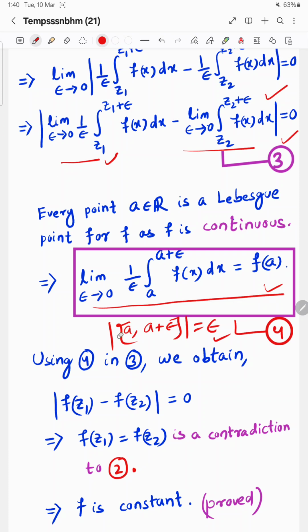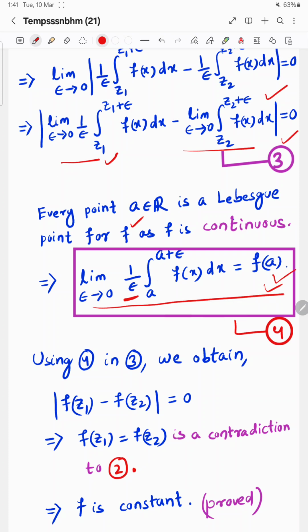So we are integrating over this set and dividing by its measure, and if a is a Lebesgue point, then it should satisfy this limit. And we know that if f is a continuous function, then every point a in R is a Lebesgue point. In our case it is already given that f is continuous, so every real number is a Lebesgue point of the continuous function f.